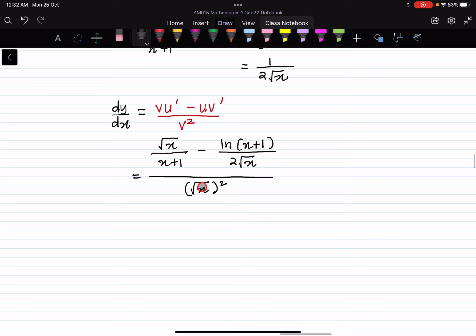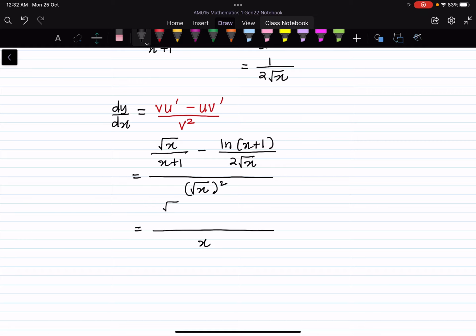Now, let's think what we should do next. We have double fractions here, right? This is a fraction and this is another fraction. So we cannot leave our answer in double fractions. What happens if we do (√x) squared, we're going to have x, right?